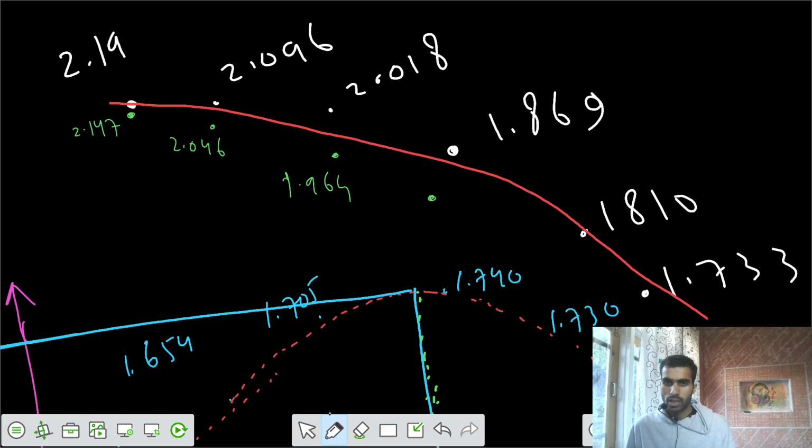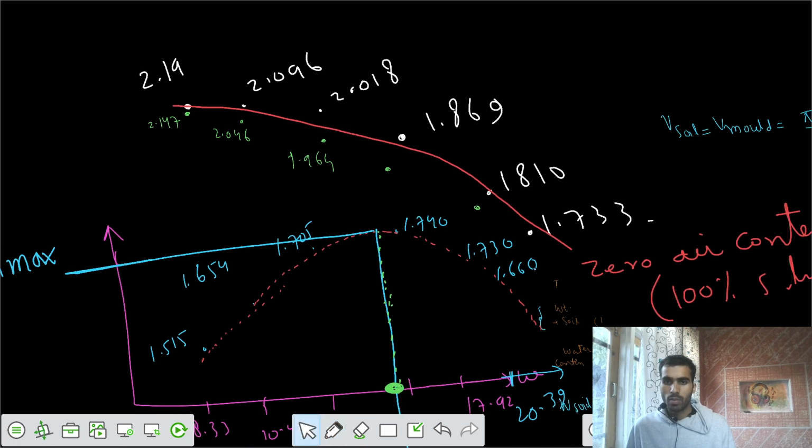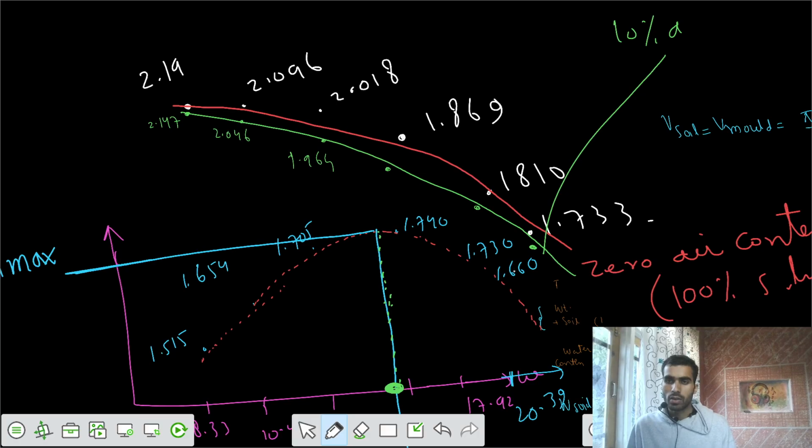We can have that in the same manner, that this curve would always be below those top points. It would be lesser than those values. Let's say that this is the curve that gets developed finally. We can name this one as the 10% air content line.